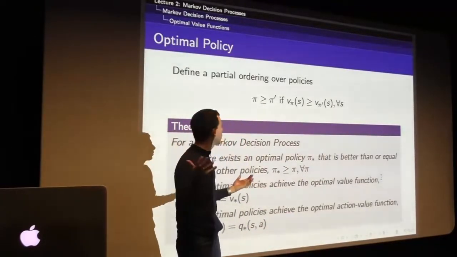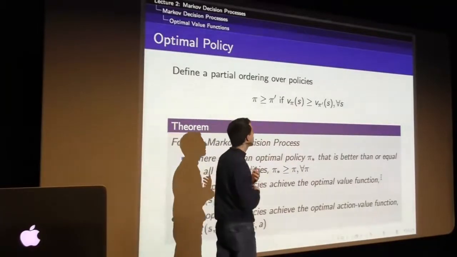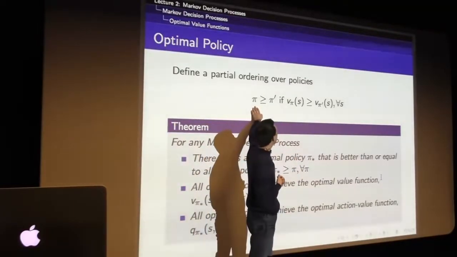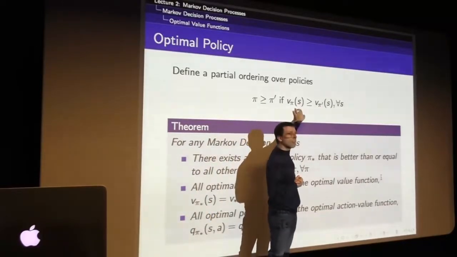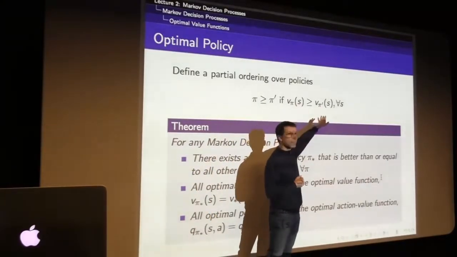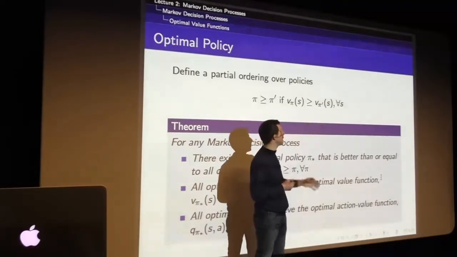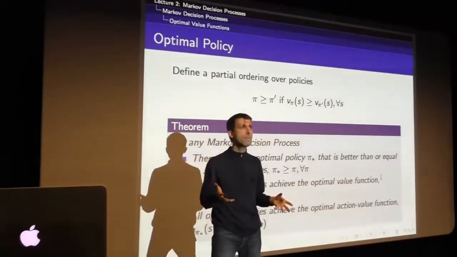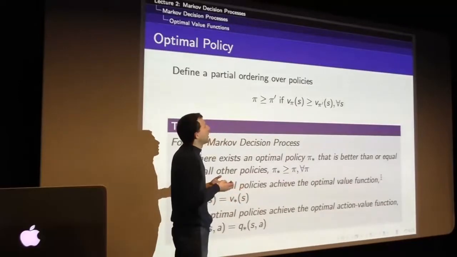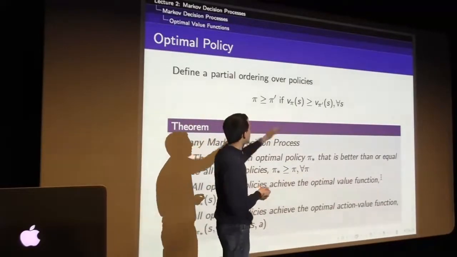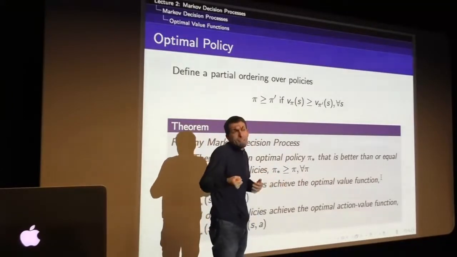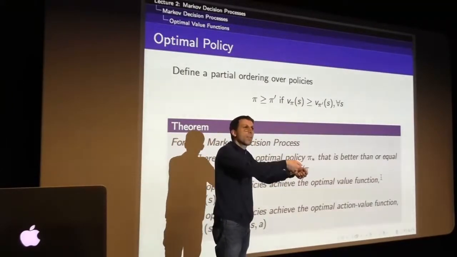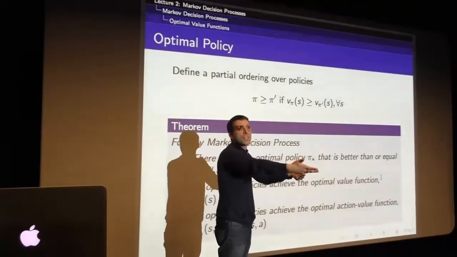This is going to be some partial ordering over policy space. It basically tells us the intuitive thing, that one policy is better than another policy if the value function for that policy is greater than or equal to the value function for the other policy in all states. Okay? So greater than or equal to in both cases. So what this means is that it's not possible to say a policy is better than another policy if it's actually worse than that policy in one state.